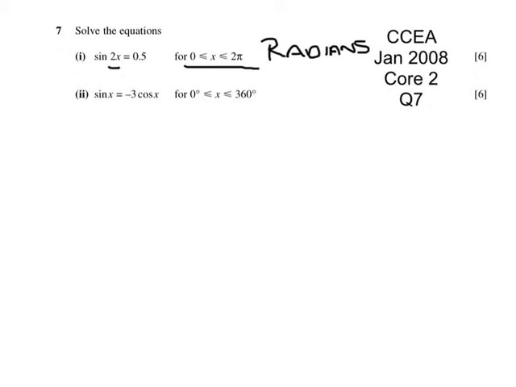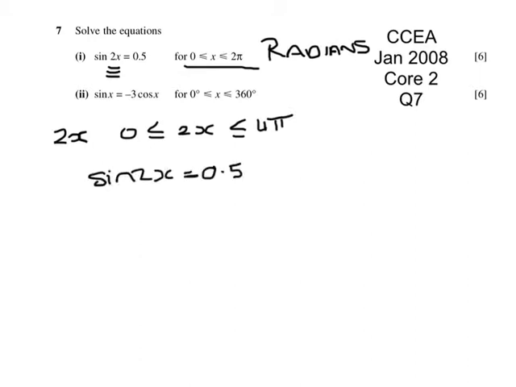I also note that I'm working in part 1 with 2x, which means that 2x will work in the range from 0 to 4 pi. So if sine 2x equals 0.5, then 2x is the inverse sine of 0.5, which from my calculator is pi over 6.